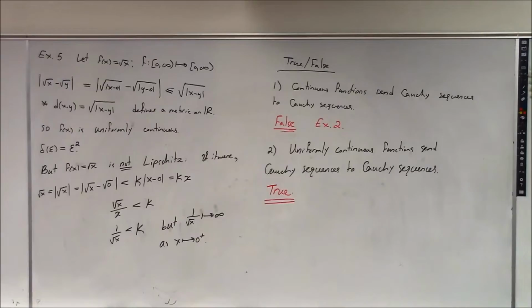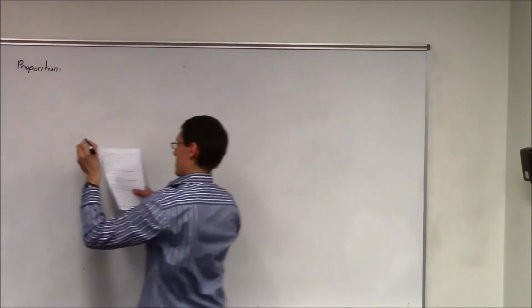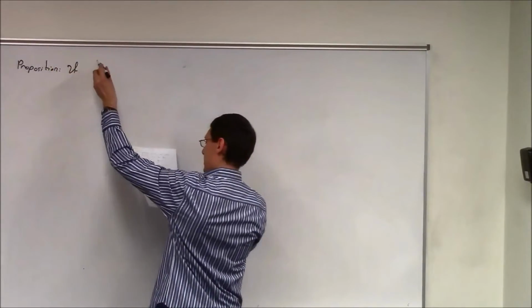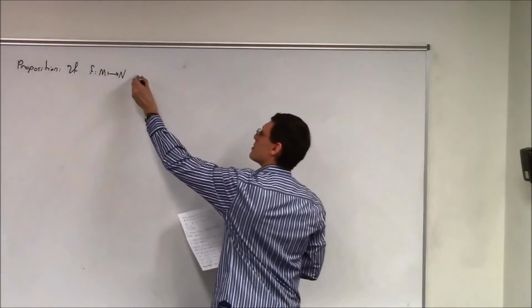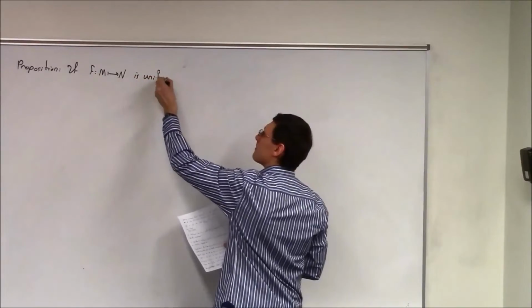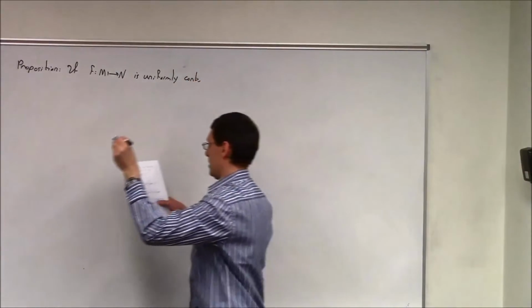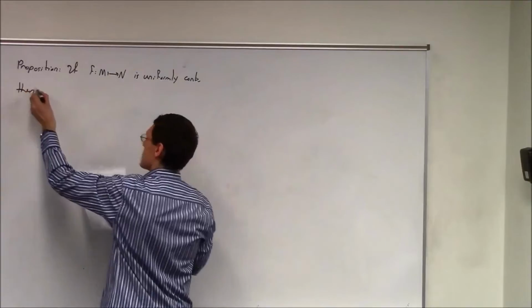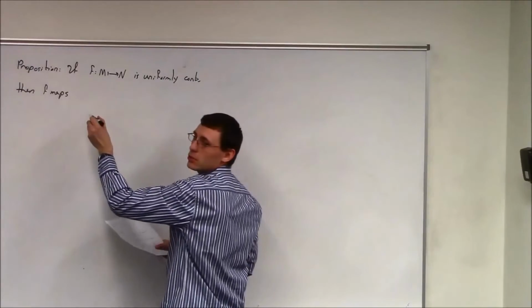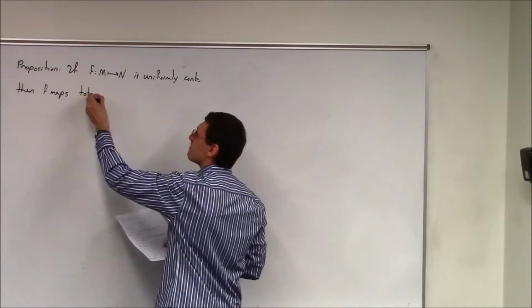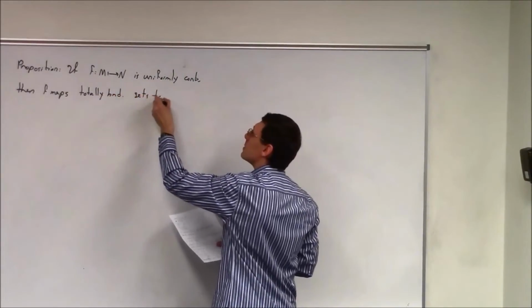All right, proposition. If f from m to n is uniformly continuous, then f maps totally bounded sets to totally bounded sets.